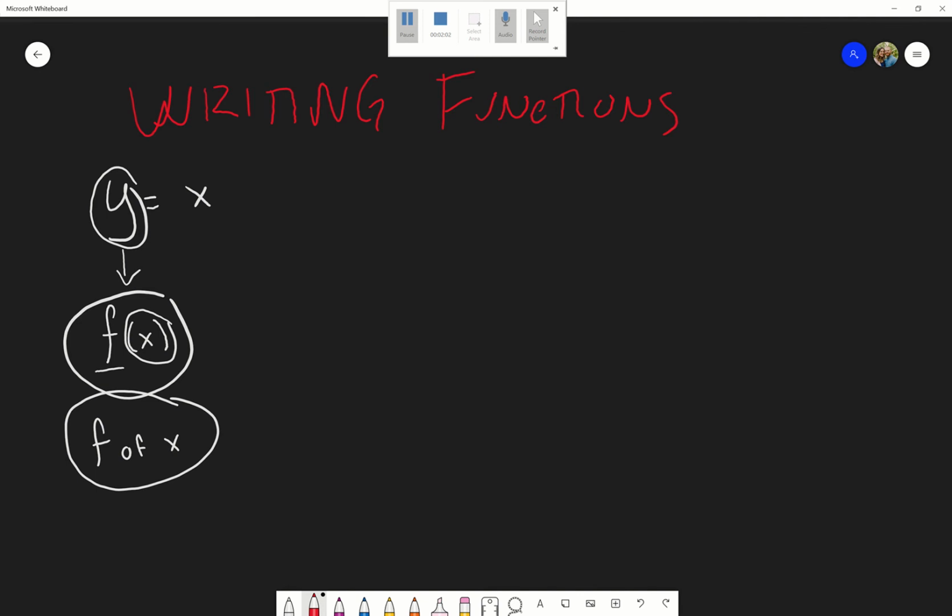Let's say I have a table that looks like this. I have my x and my y, and my x values are 1, 2, 3, 4, and my y values are 5, 10, 15, 20.